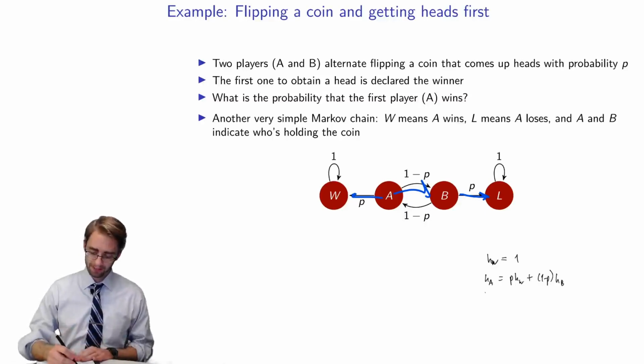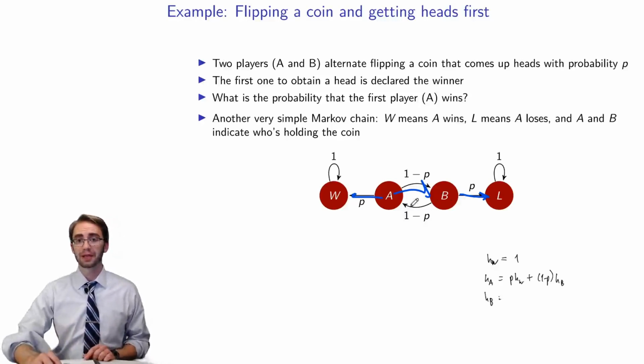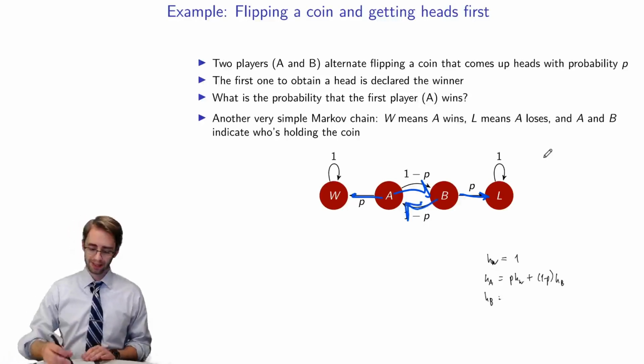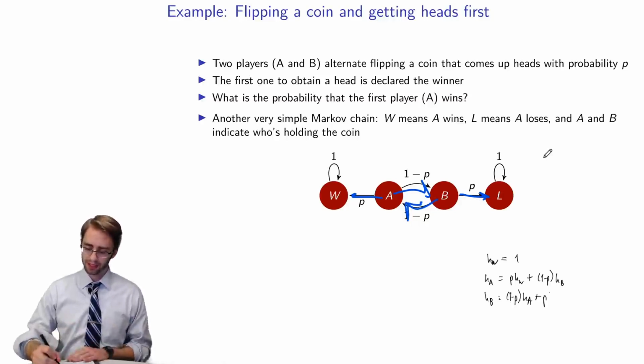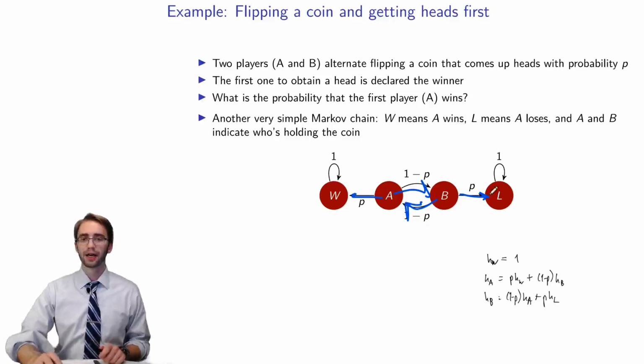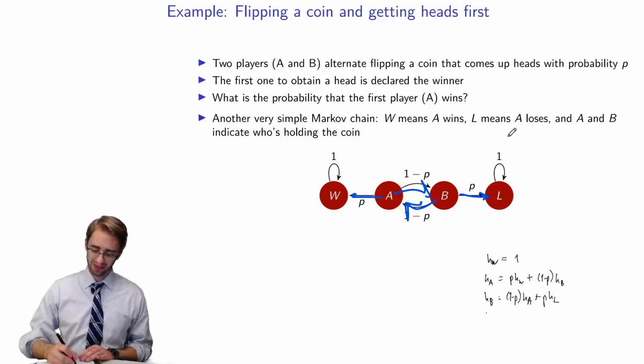And then H sub B is going to be, you either have a 1 minus P chance of going back into state A, or there's a probability P of going into state L. L, of course, stands for losing, so we happen to know that H sub L is equal to 0.